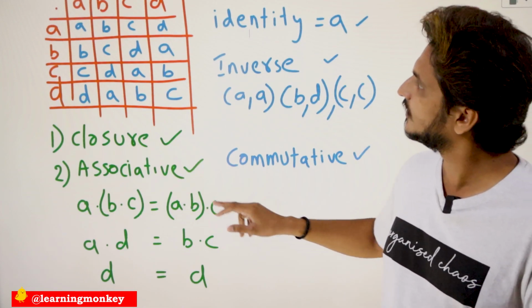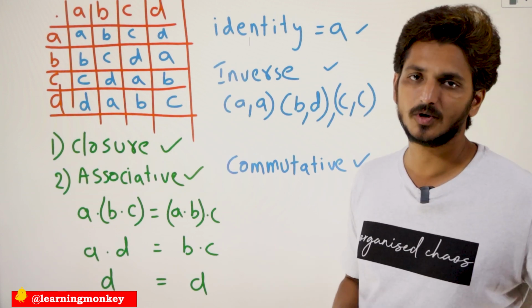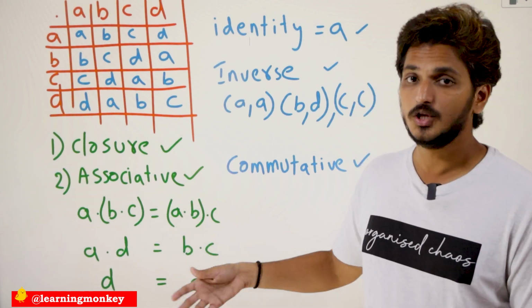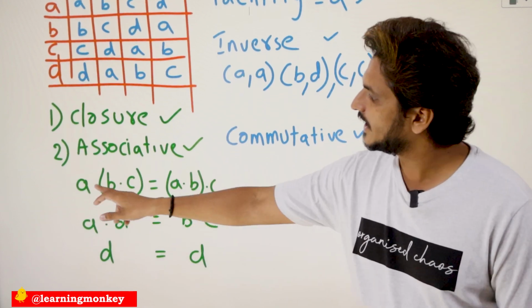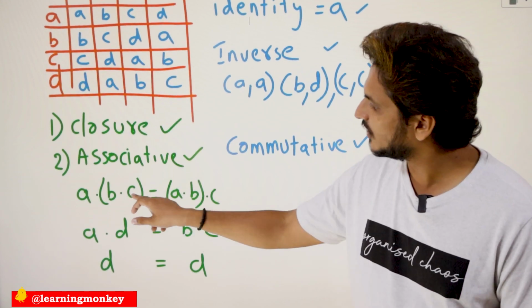Similarly, is it satisfying the associative property? Yes, it is satisfying the associative property. We have shown one example; you check the remaining examples. A dot B dot C equals A dot B dot C. What is B dot C?